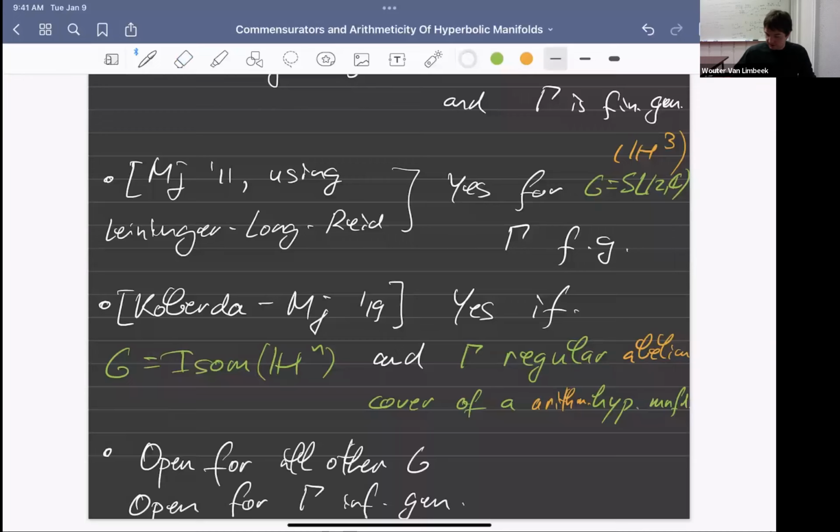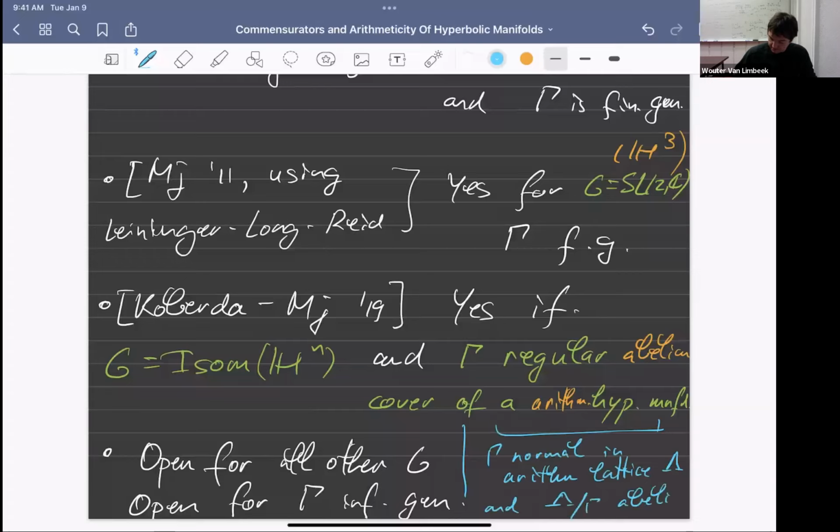So if you want to restate this in terms of group theory, this just means that gamma is normal in some arithmetic lattice, and the quotient group is abelian. Okay. And any questions so far about the history?